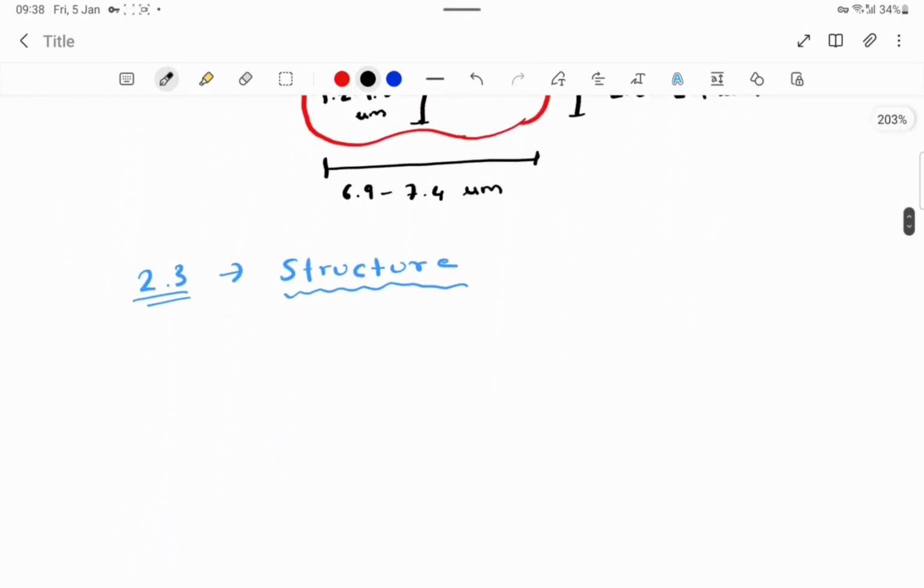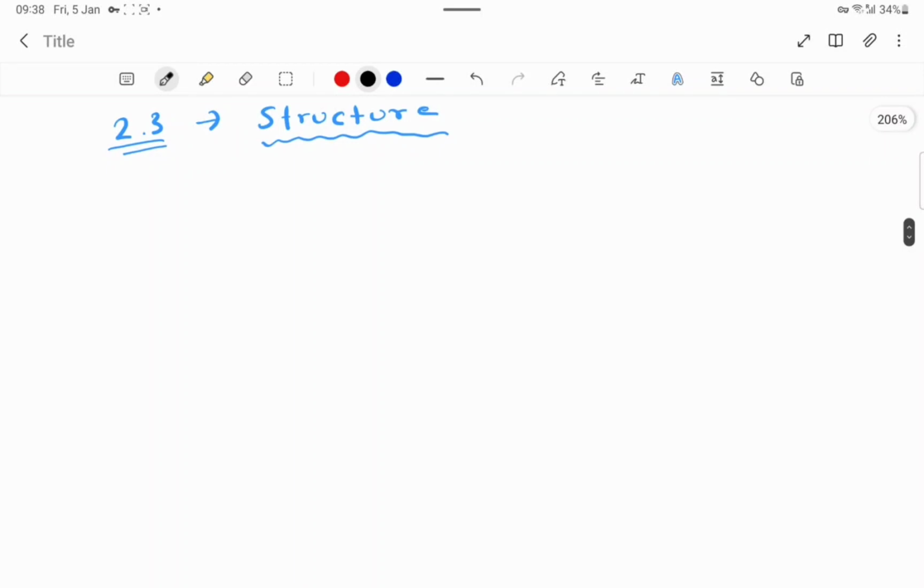Now let's discuss its structure. As I mentioned earlier, RBC do not have a nucleus. So no nucleus, meaning DNA is absent. RBC do not have mitochondria, Golgi apparatus. So I can write cell organelles are absent.